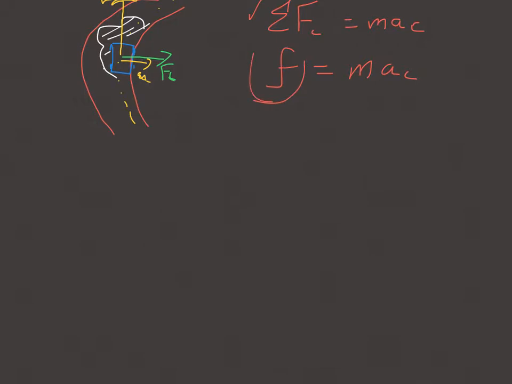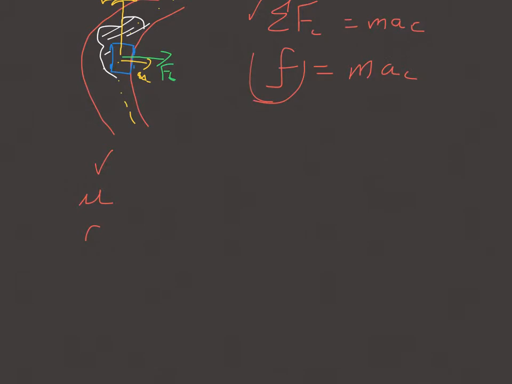Now, with this type of problem, specifically a car going around a turn, most of the time we are looking for the relationship between the speed and the coefficient of friction and the radius. Okay, so a very standard solution here is what is the speed needed, or maximum speed that we can reach while going around a curve.